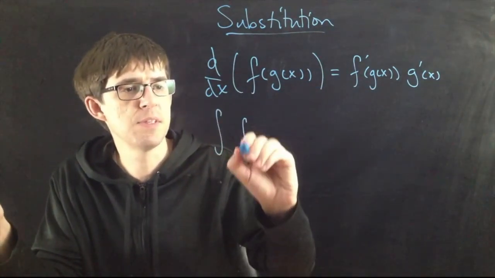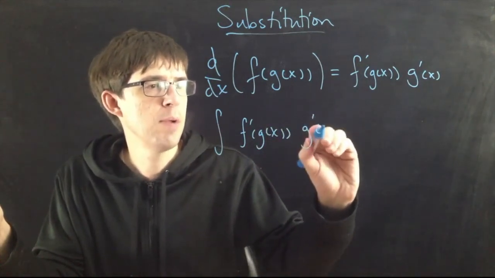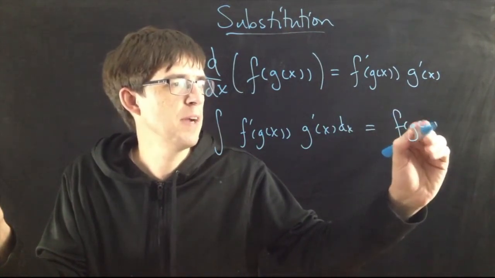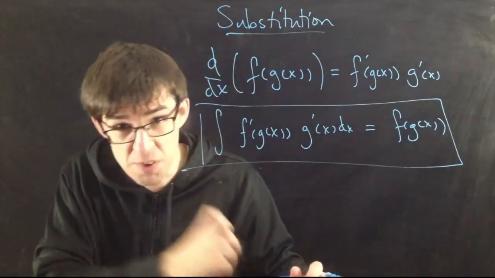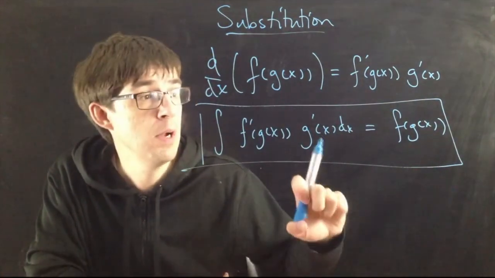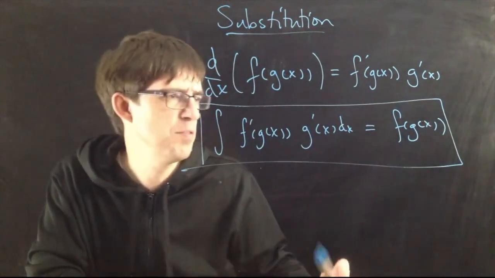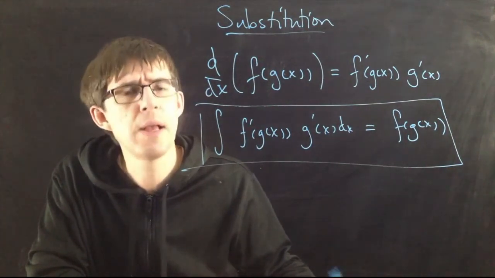So it would say this: integral f prime of g of x, g prime of x dx equals f of g of x. So this is actually the formula for the substitution, although I do not recommend you memorize this like a formula because this is a little too complicated to think about as written. You should think of this more like a process.